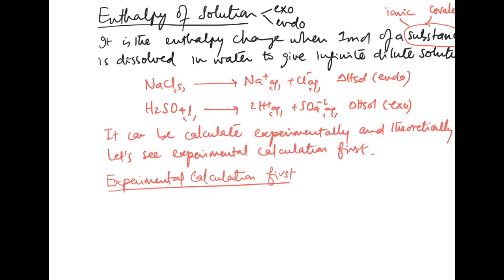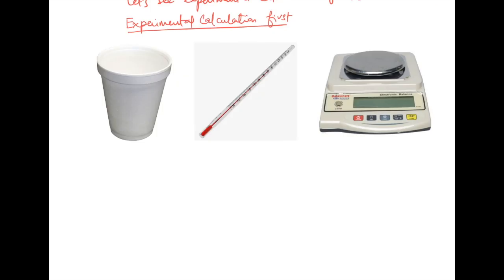Let's see the experimental calculation first, and for that you need a few apparatus: a polystyrene cup, an electronic balance and a thermometer. Once you have these, let's learn the enthalpy of solution of ammonium nitrate. How do we find it in the laboratory?